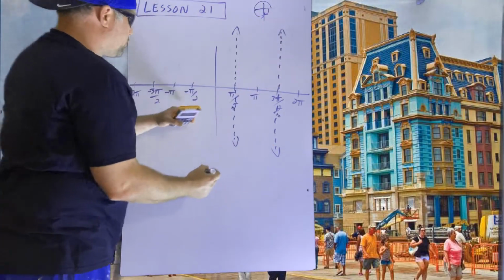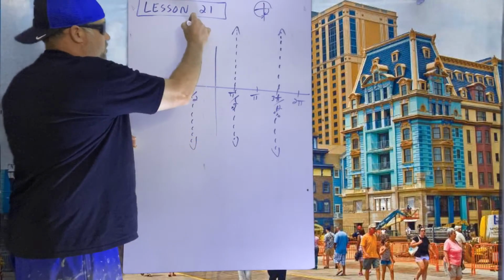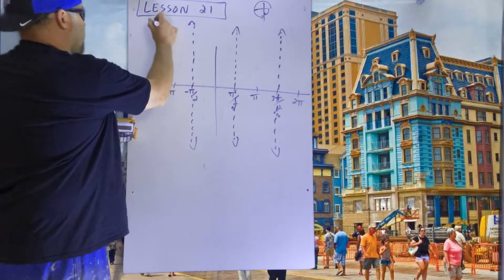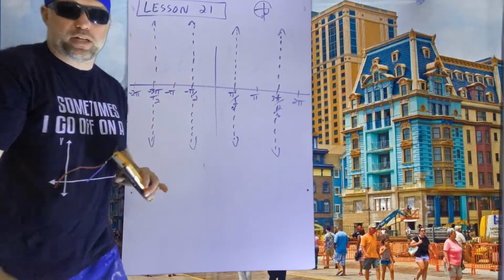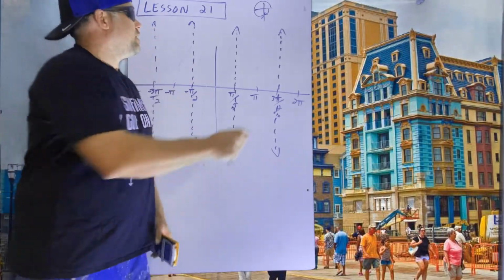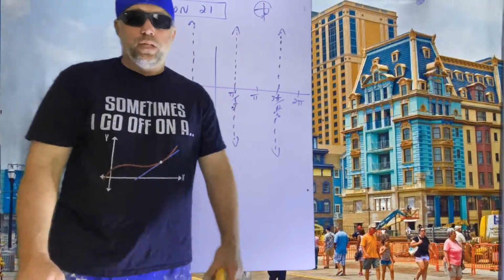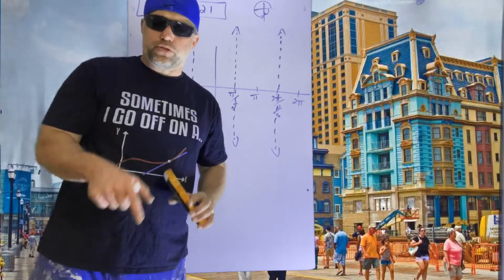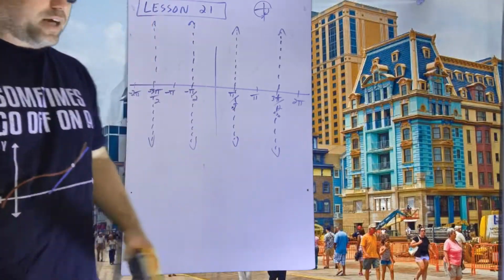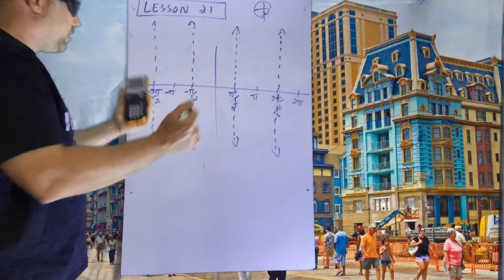So there's going to be an asymptote, a place where tangent doesn't exist, right there as well, and one at negative 3 pi over 2 as well, because negative 3 pi over 2 is up here, which is really the same as 90. So, okay, we got our asymptotes, and I'll get to what those are in just a second. But now let's talk about tangent and what it looks like.